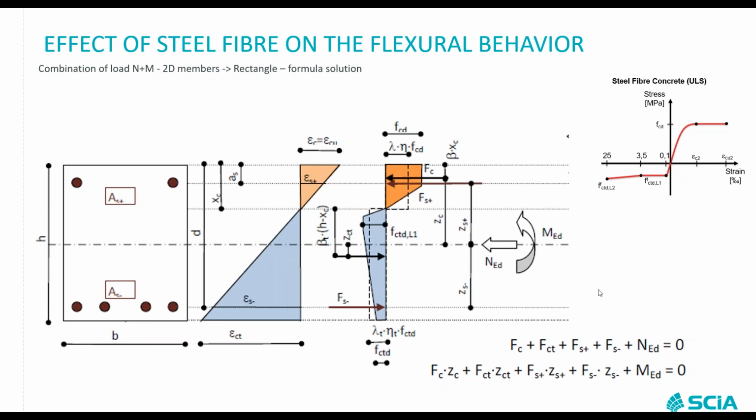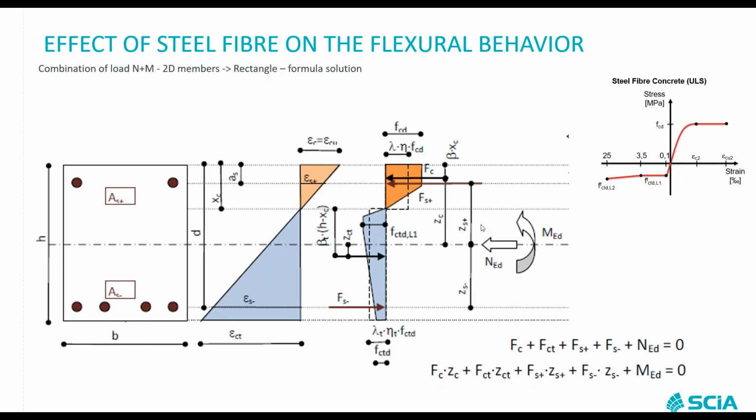We should keep that in our mind. And also, if we look at this diagram, which is the design strength diagram for the steel fiber concrete, somehow it looks like the diagram for the reinforced concrete, and this gives us the feeling that the steel fiber will behave just like traditional reinforcement inside the cross section based on that diagram.